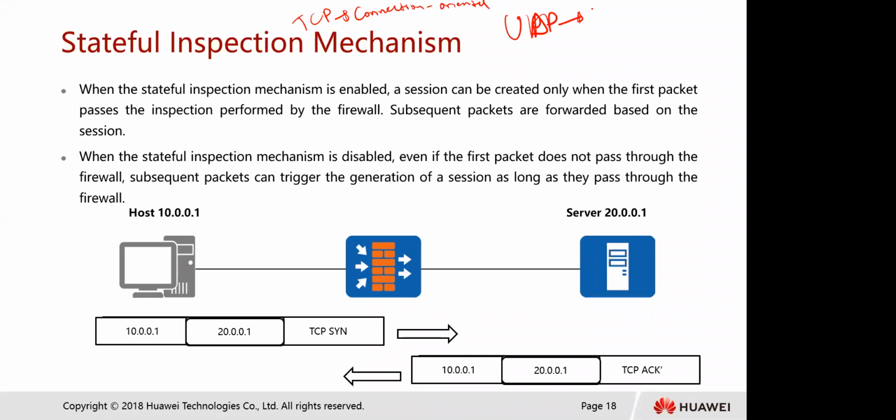And for UDP, we said it is a connectionless protocol. And if a UDP packet does not match any session and passes the inspection, the session is created. And for ICMP, what is ICMP? What did we talk about it?